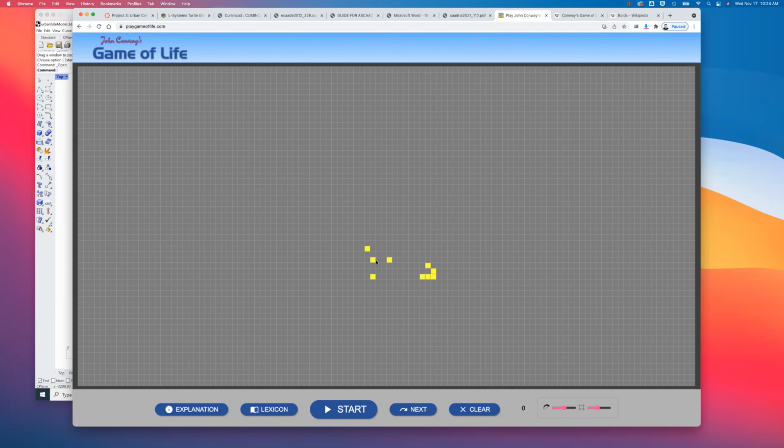Now, if I start to add more live cells in different places, I'll just do this really quickly. Okay, and I'll hit start.